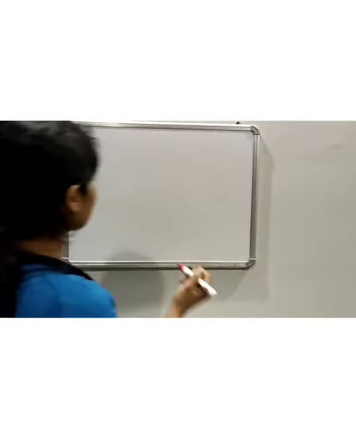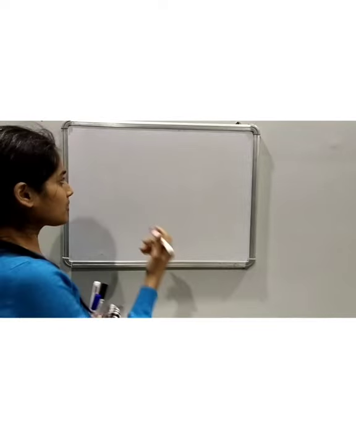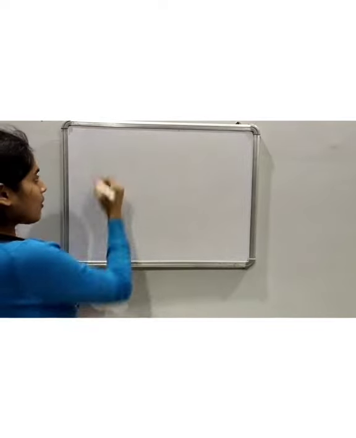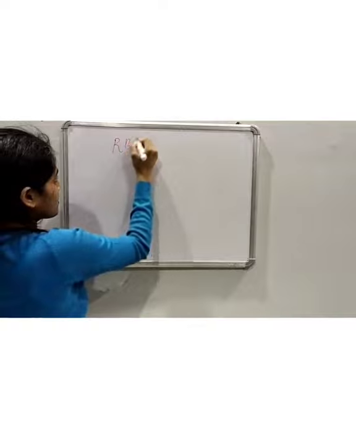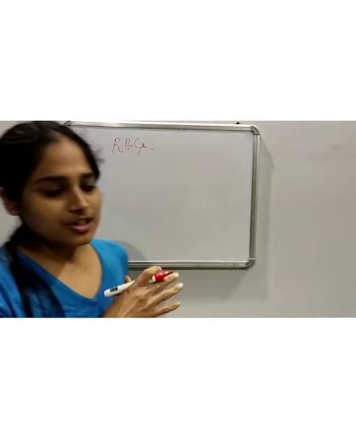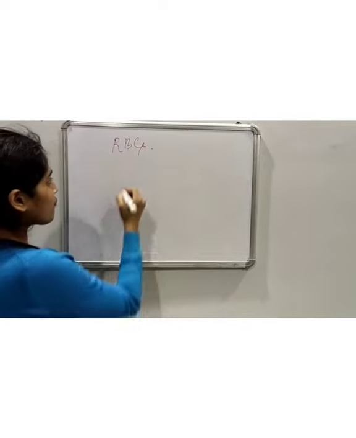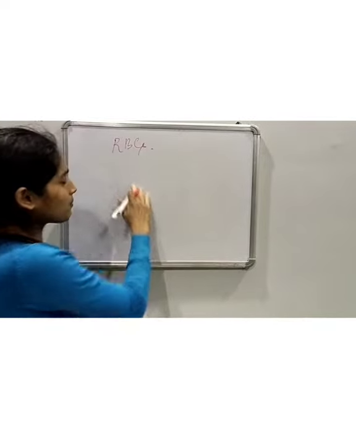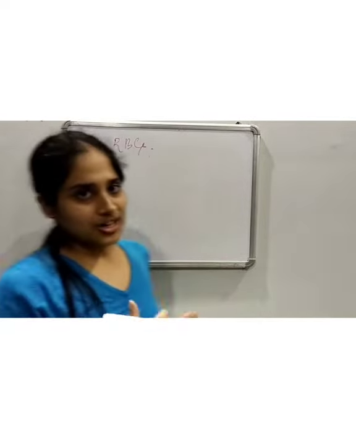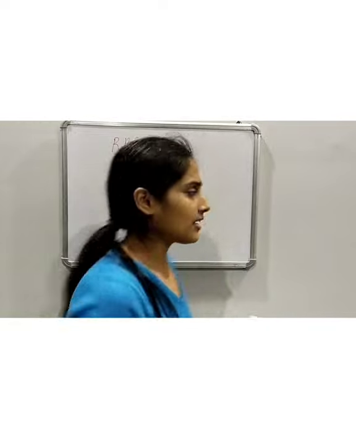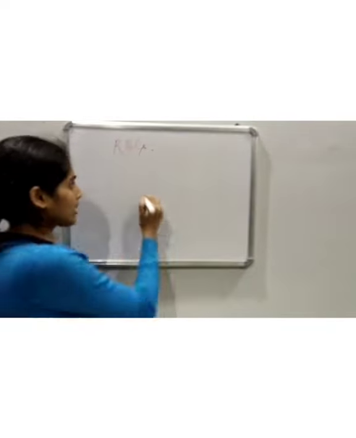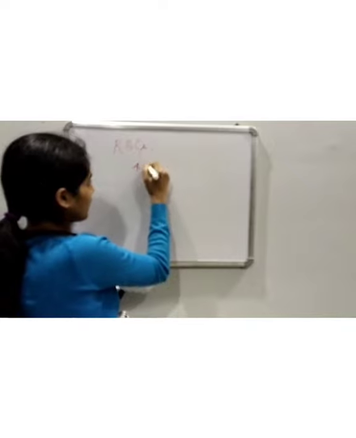And hemoglobin, where is it found? It is found in the erythrocytes, or the RBCs, the red blood cells. It is made up of four peptide chains, so it is a tetramer.